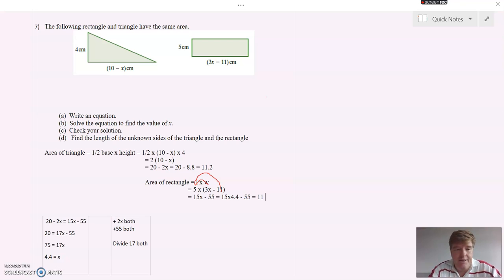So there you go. We found the solution. And find the length of the unknown sides. Well, the base of the triangle is here, 10 minus 4.4, which is going to be 5.6 centimetres. The only thing I haven't done well here is put our units. This should be centimetres squared.